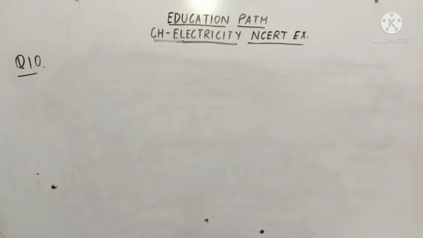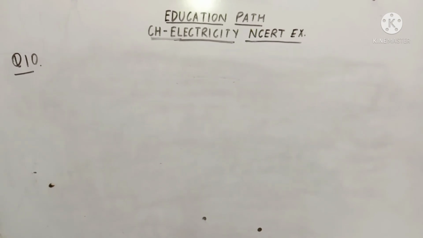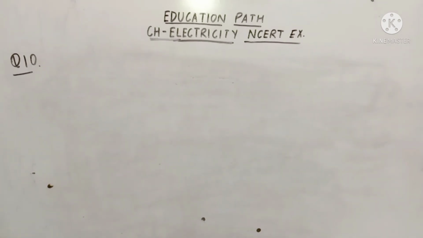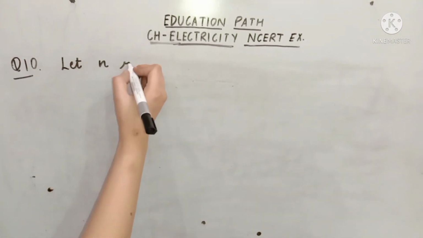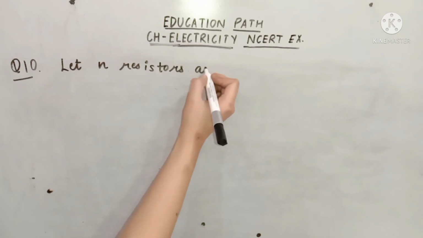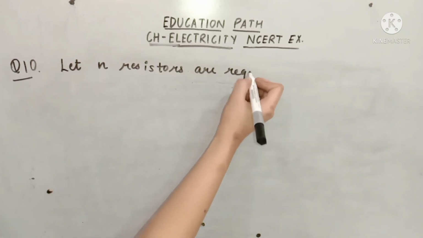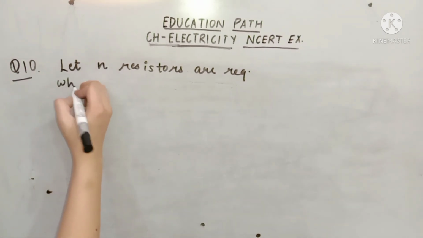Now question number 10. How many 176 ohm resistors in parallel are required to carry 5 ampere on a 220 volt line? Let n resistors be required, which are connected in parallel.